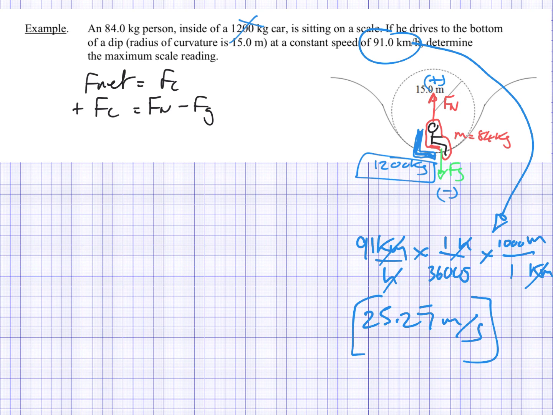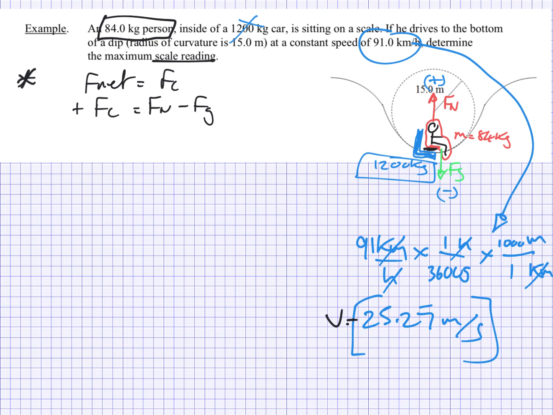Okay, now we can expand out our condition, our physics over here, and we can add in these values using the mass of the thing doing the circling that we're interested in, because we need the maximum scale reading. That would be the scale that you're sitting on, I guess, between your butt and the seat. Well, I'm given V, so let's go ahead and put that in.